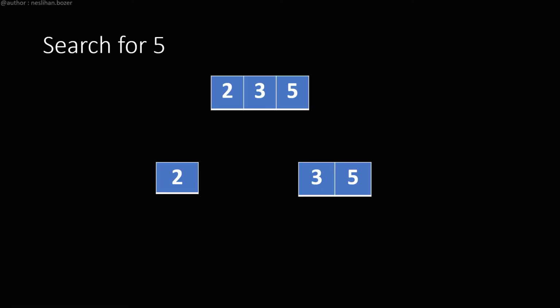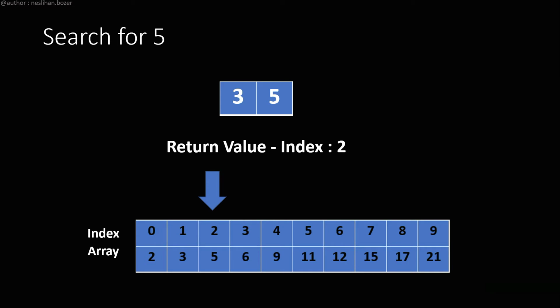Then we divide the array into two pieces and find it in the second part, and we return the index in the whole array, which is 2. So this describes the position of the value that we look for in the array.